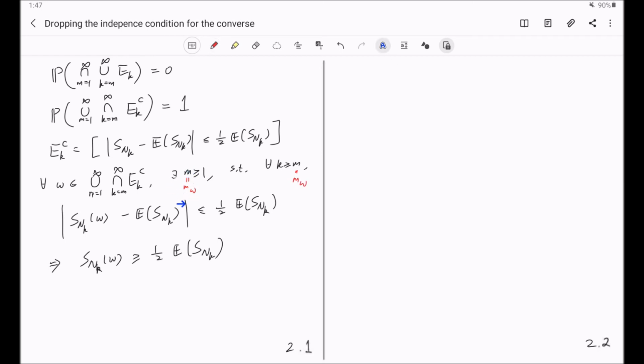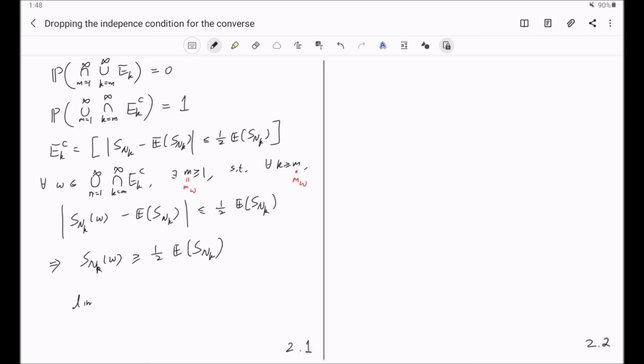Here I should be careful that this m actually depends on the choice of omega. However, because m is a positive integer, there are only countably many choices for m sub omega, even though omega itself could have uncountably many choices. Because of this countability, you can always take a countable union of sets of measure 0, and you still get a set of measure 0.